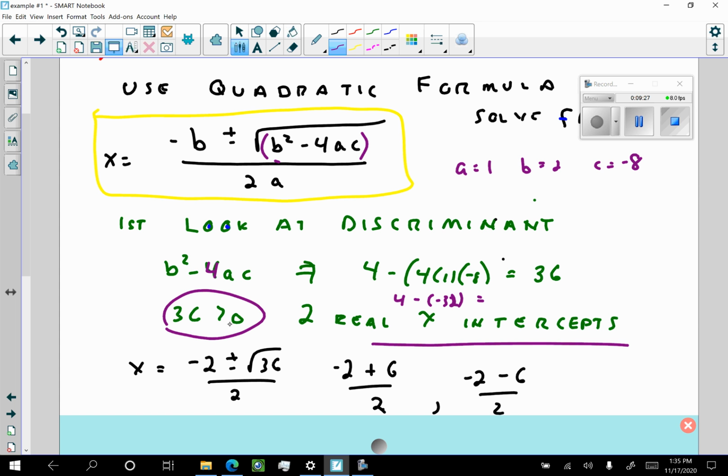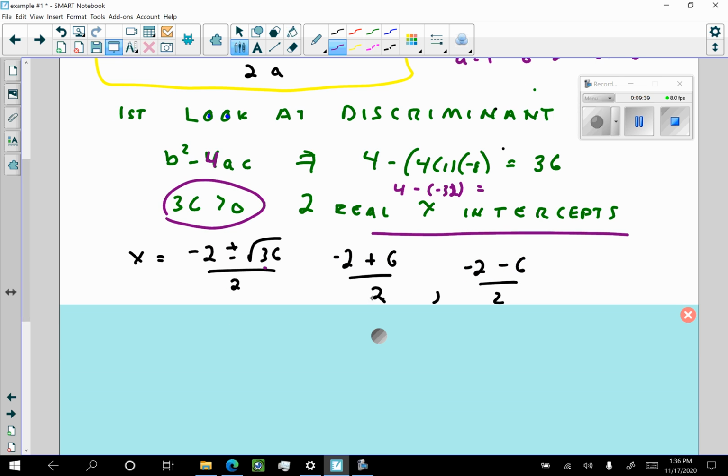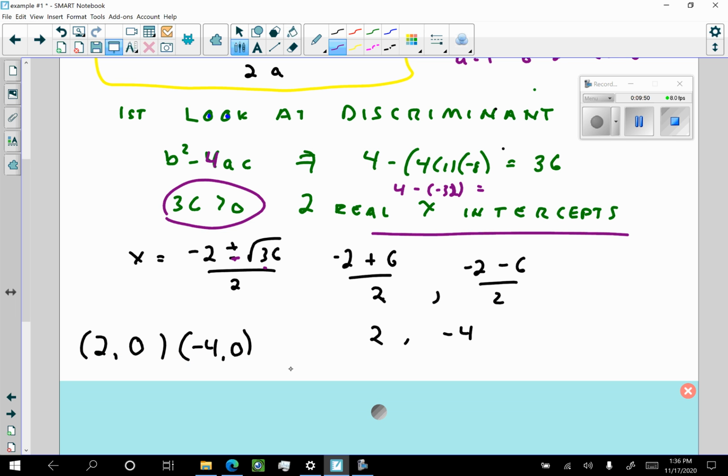So it's -2 plus 6 over 2, which is 4 divided by 2, which is 2. And then -2 minus 6 over 2 is -4. So these are my x-intercepts. Yay!